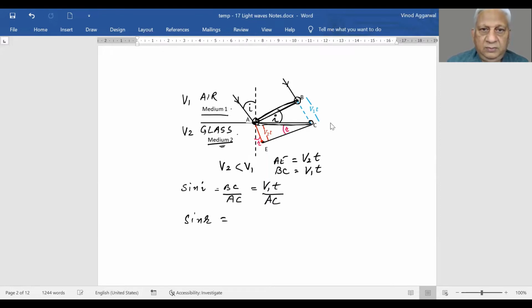Sine r is what? This distance, which is AE, divided by hypotenuse, which is AC. This is equal to, and AE we have seen is this much.